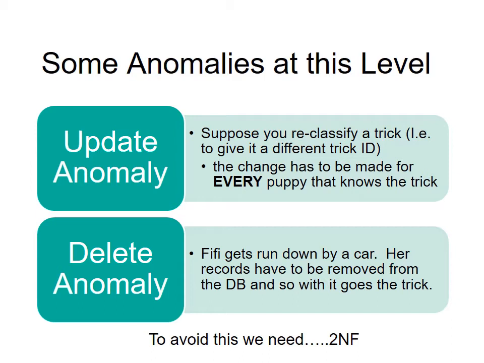And as far as the deletion anomaly goes, in that particular table as it sits, if one of the dogs were to be run over by a truck, I'm sorry to say that, I'm a dog lover myself, but will that trick be deleted such that no one else could have that trick?